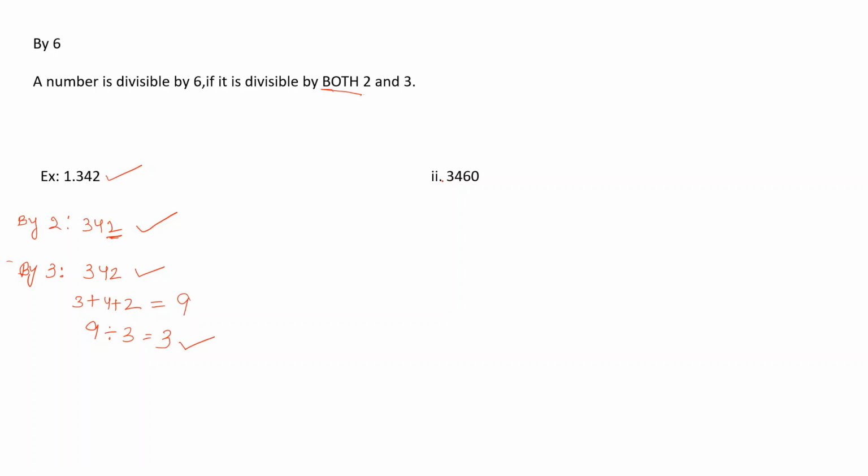Next example. Second example. 3460. Check the divisibility rule of 2. The one's place digit, or the last digit, is 0. So it is divisible by 2. By 3. Sum of the digits. 3 plus 4 plus 6 plus 0. 3 plus 4, 7. 7 plus 6, 13. 13 plus 0, 13.